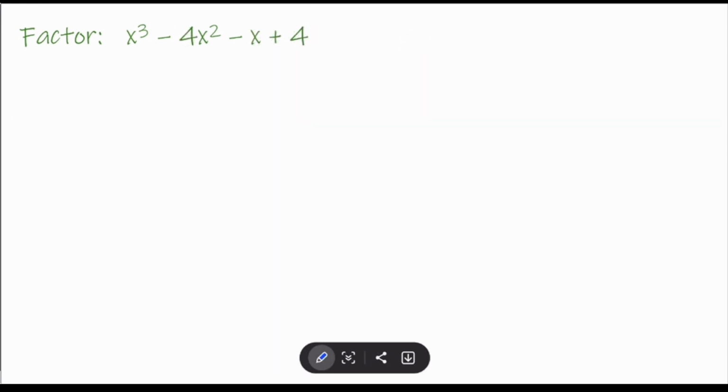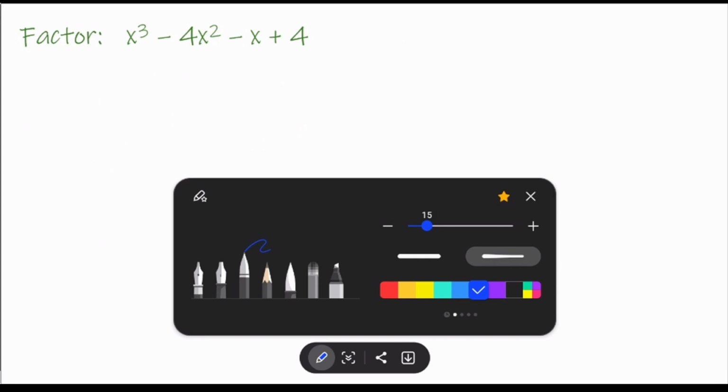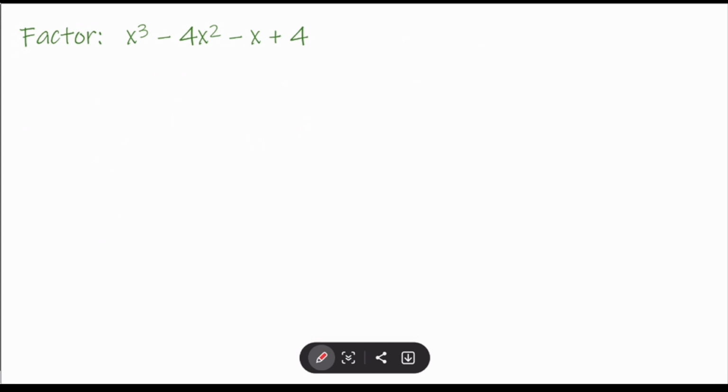Alright, so now let us factor this. We have x cubed minus 4x squared minus x plus 4. So we are going to use synthetic division to factor this, to find the first factor, having numerical coefficients 1, -4, -1, and 4.